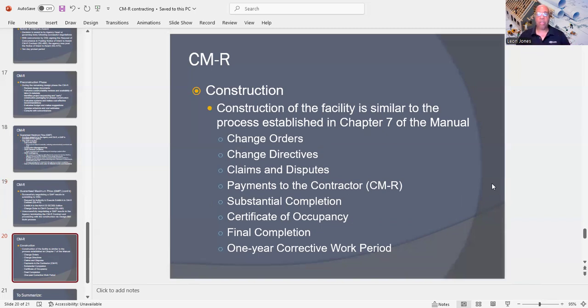Under construction you're going to have change orders, change directives, claims and disputes, payments to the contractor, substantial completion, certificate of occupancy, final completion, and a 1-year corrective work period, which, in other words, is a warranty period.